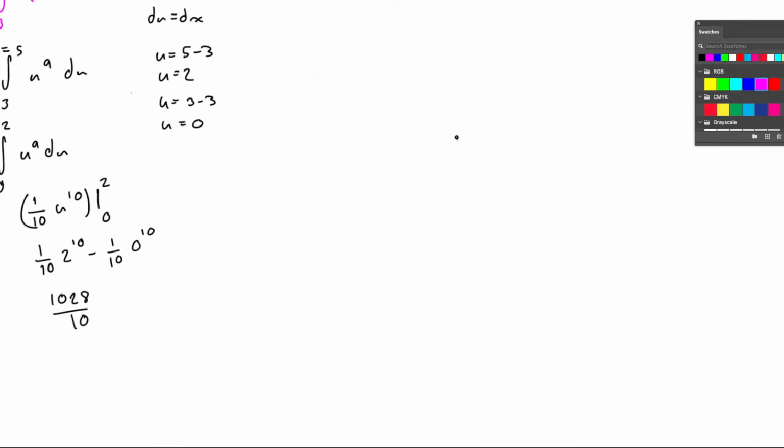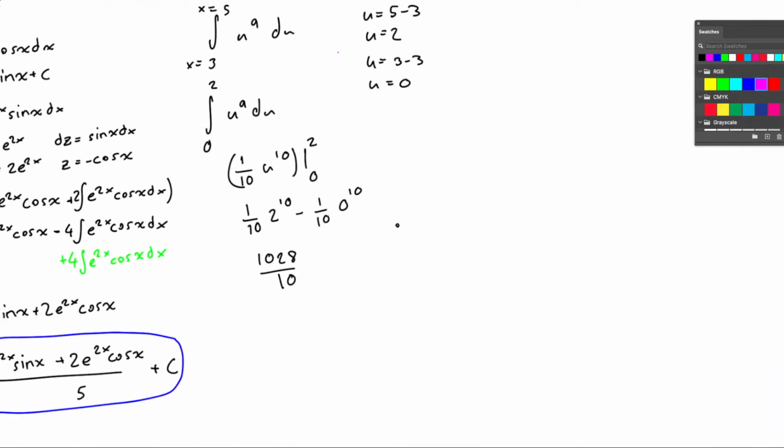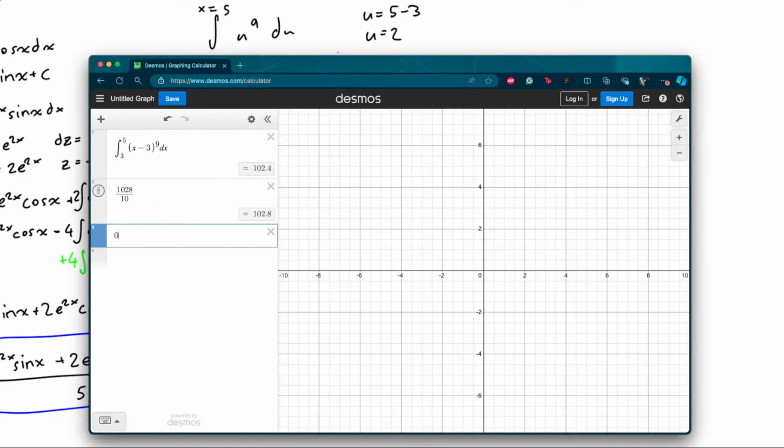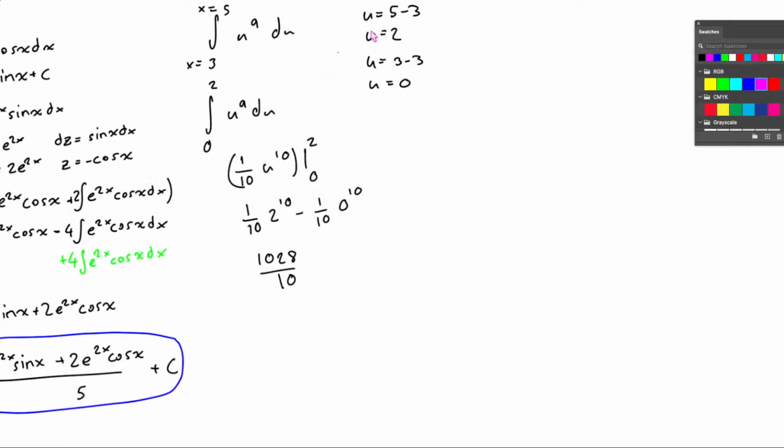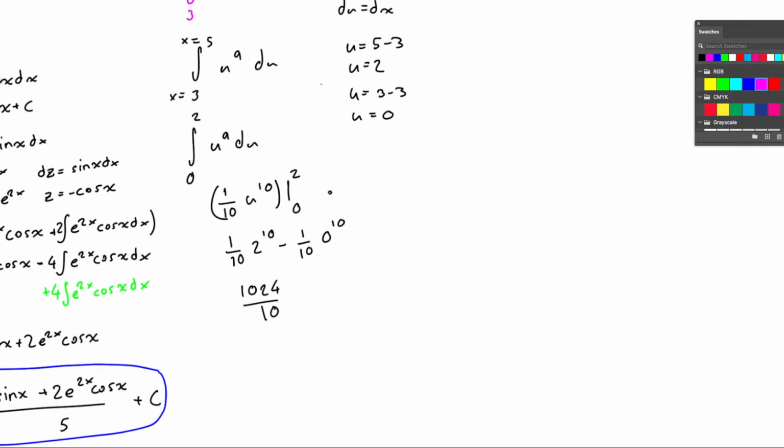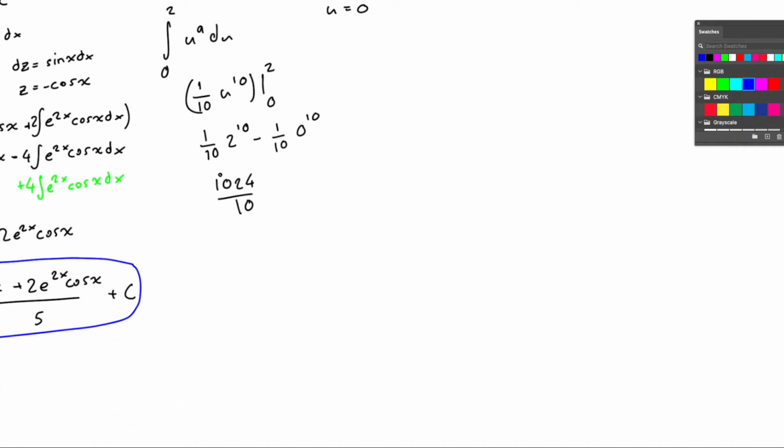Okay, oh, okay, so we got the correct answer, but 512 times 2 does not equal 1028. So this is supposed to be 1024. Sorry, I was thinking of 2048. Okay. We have solved 2 problems now.